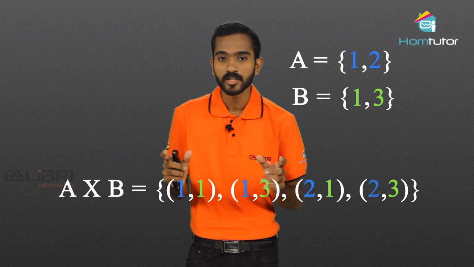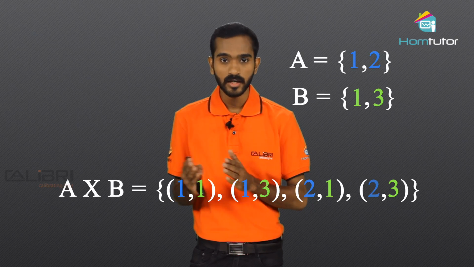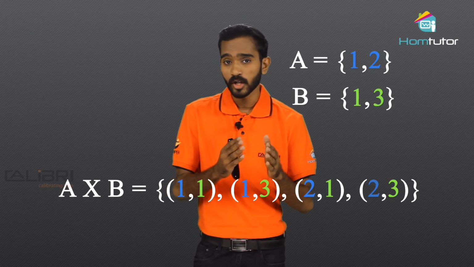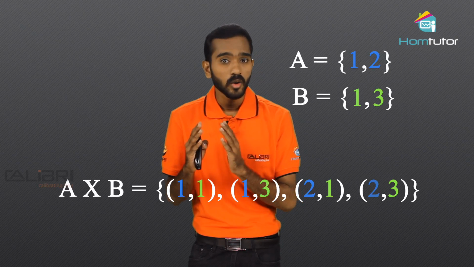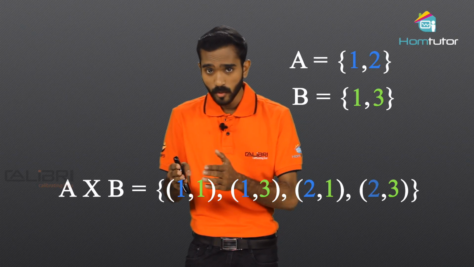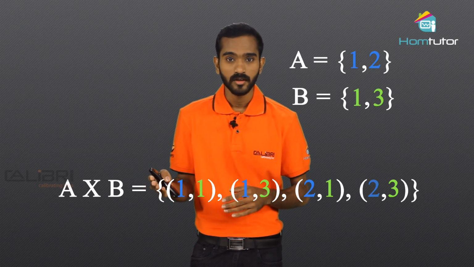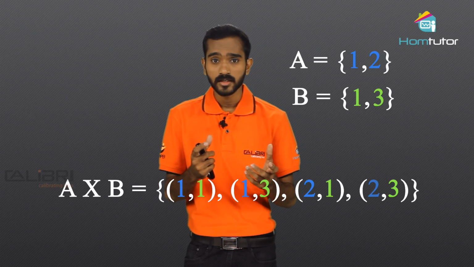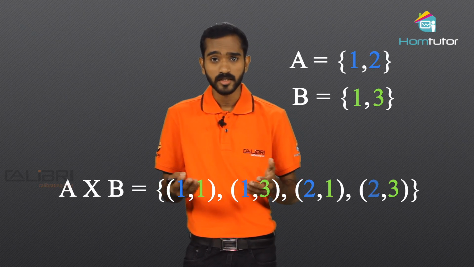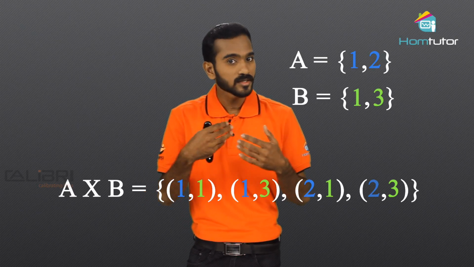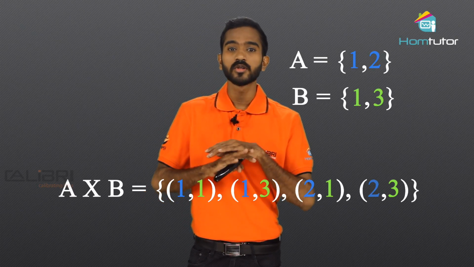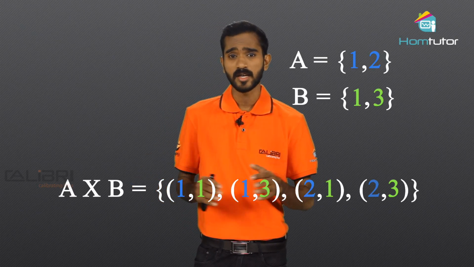Thus we have the cross product A cross B giving the set of ordered pairs (1, 1), (1, 3), (2, 1) and (2, 3). Just look at these pairs. The relation R as well as the cross product A cross B are both exactly the same.